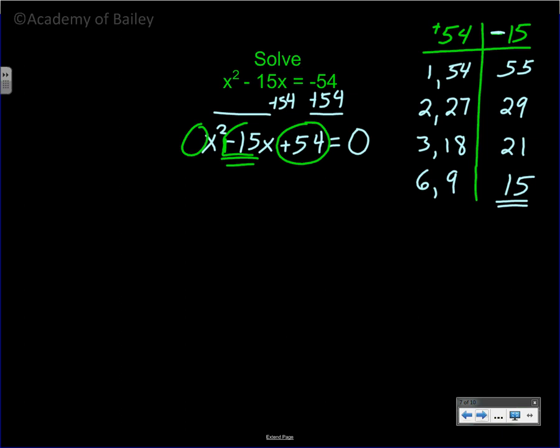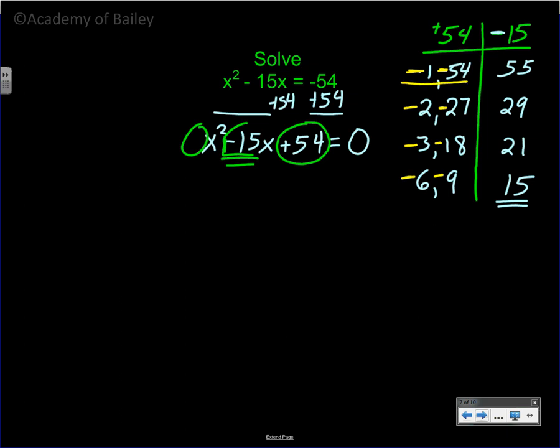Well, these are all the numbers that multiply to get positive 54, right? Wrong. That is false. Remember, these are all the positive numbers that multiply to get positive 54. If we have two negatives that multiply, they also get positive 54.